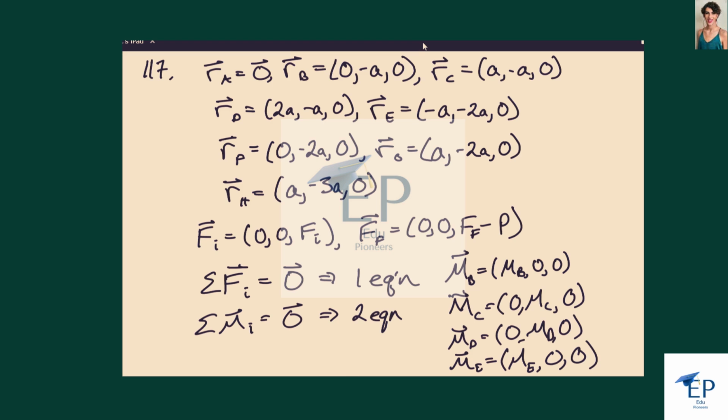And so we also have some moments acting. Because if we do our force and moment balances, we're going to get one non-trivial equation for the force balance because we only have components in the Z direction. But we'll get 2 non-trivial equations for our moment balance. In the forces unknown, we have 1, 2, 3, 4, 5, 6, 7, 8.